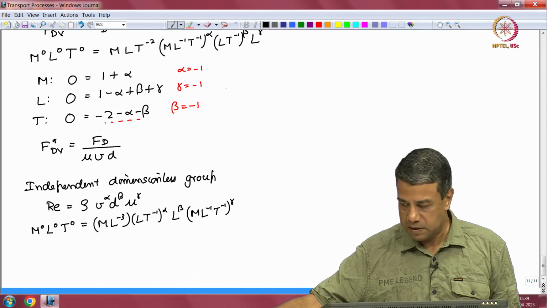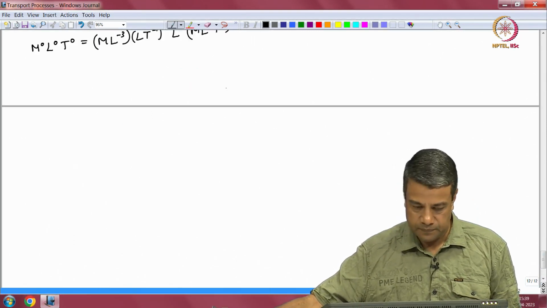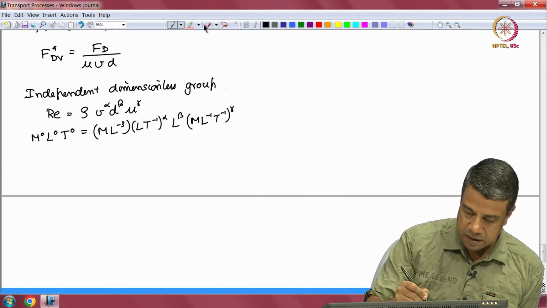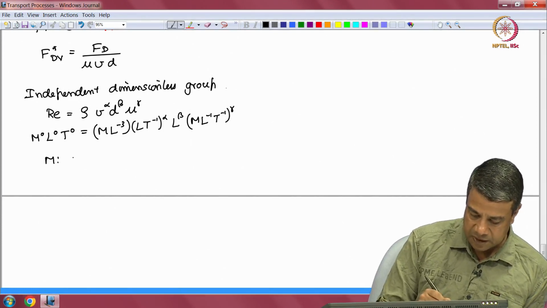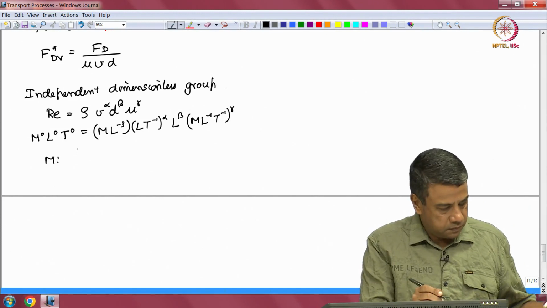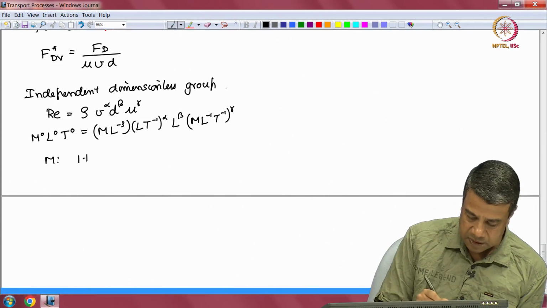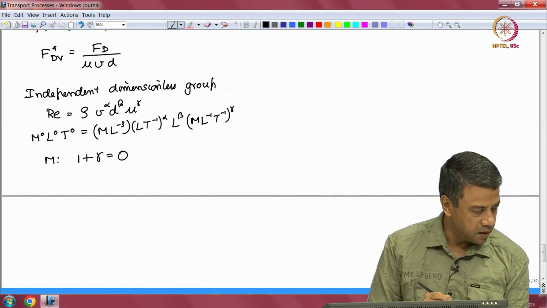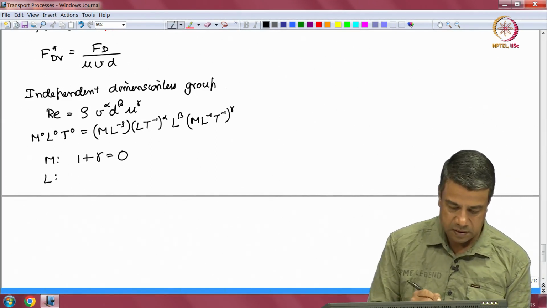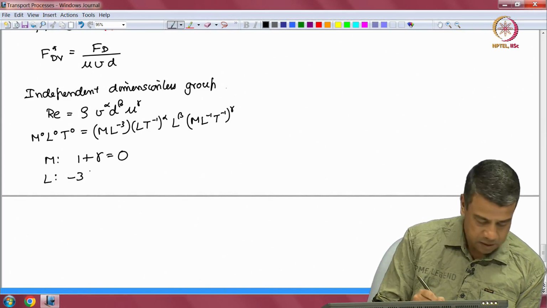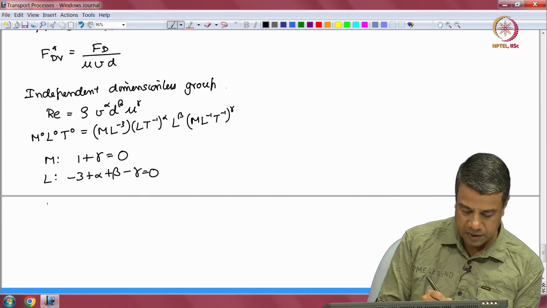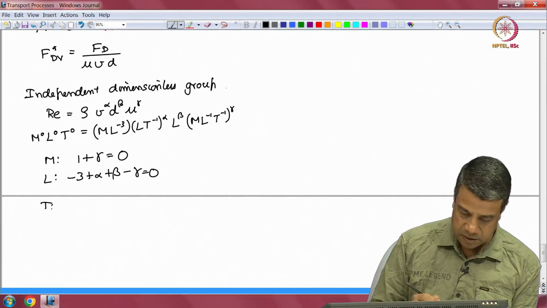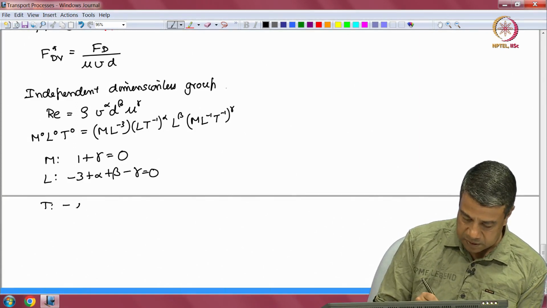If I take the exponents of each of these, the exponent of m, I get 1 plus gamma equal to 0. Exponent of the length dimension, I get minus 3 plus alpha plus beta minus gamma equal to 0. And the exponent of the time dimension, I will get minus alpha minus gamma equal to 0.